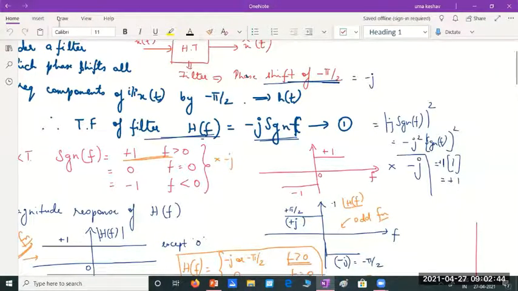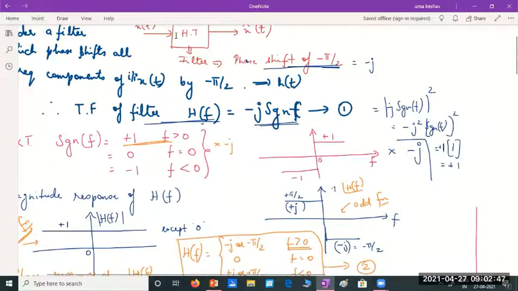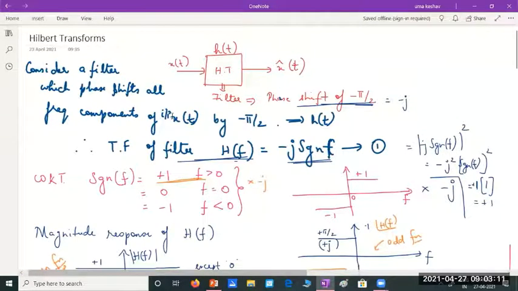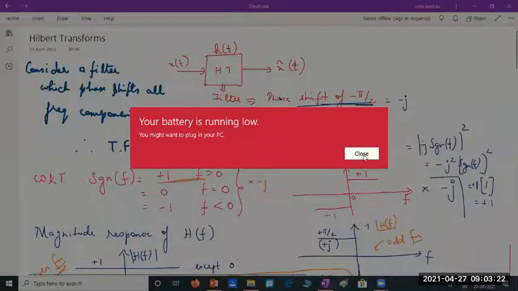Here we had considered this Hilbert transformer as a filter with impulse response h of t, and since the Hilbert transformer is supposed to shift all the frequency components of the input signal by minus 90 degrees, we tried to represent the Hilbert transformer transfer function.